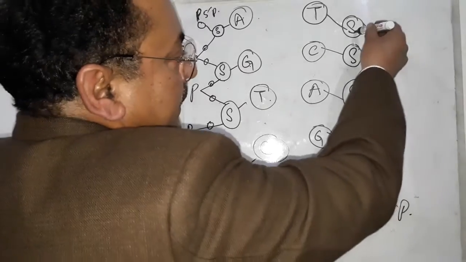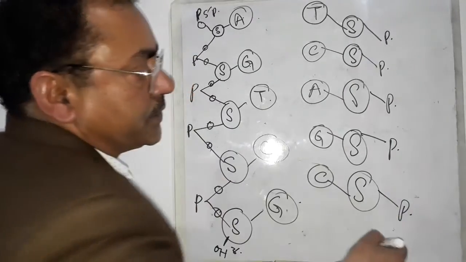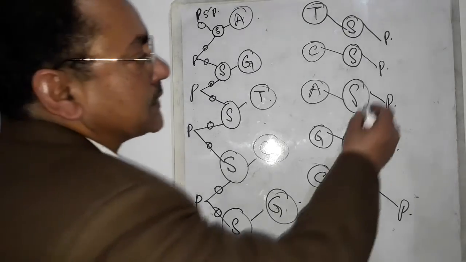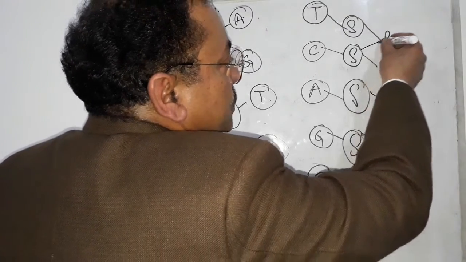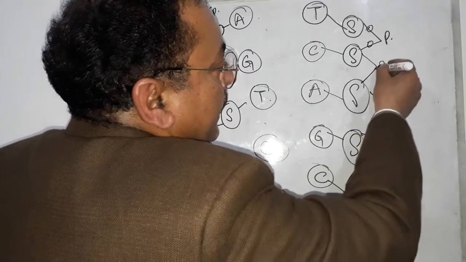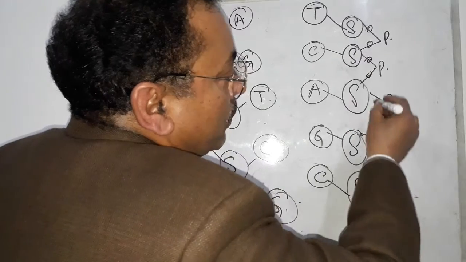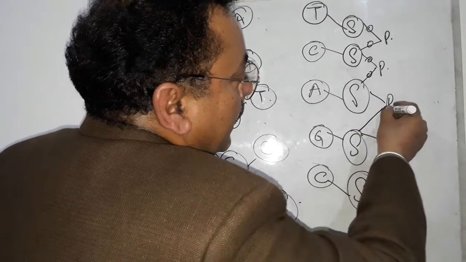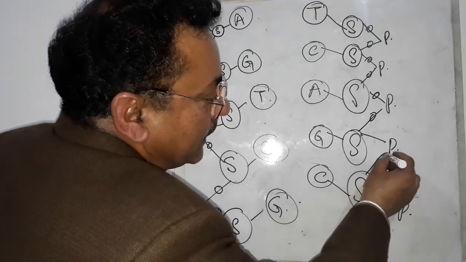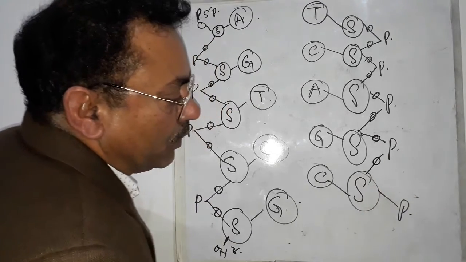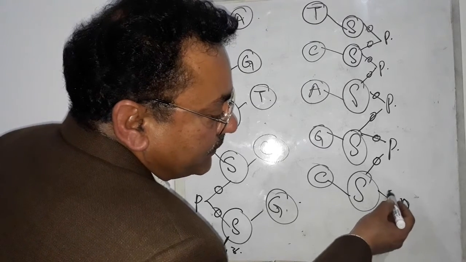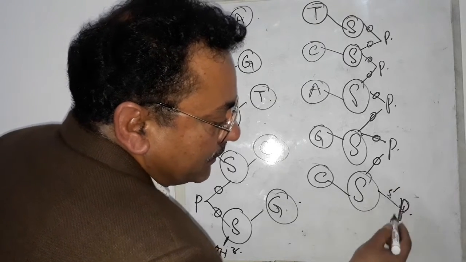Now these nucleotides are joined. We know that they are joined by means of phosphodiester bonds. So here a phosphodiester bond, here a phosphodiester bond, and here again the same phosphodiester bond, here again the same phosphodiester bond, and this is now at the 5th position of carbon.